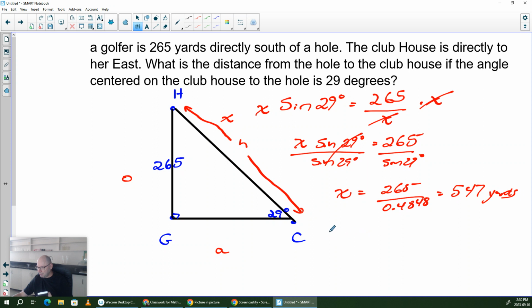Okay, so hole to clubhouse is 547 yards. Okay, my apologies there for changing a couple words in there as we were making up the problem, but we wanted to do a sine or cosine one.